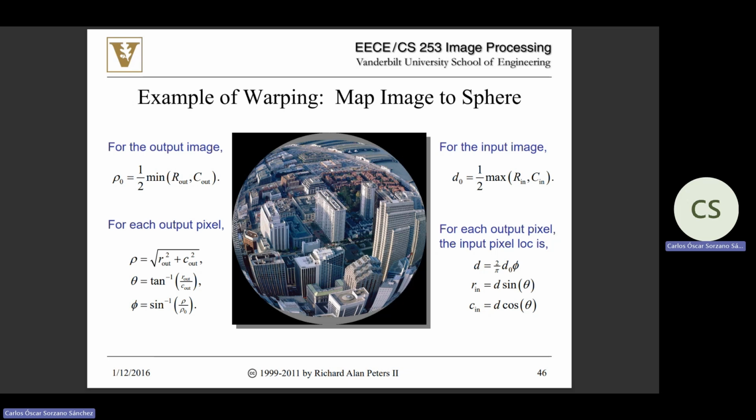Now you have phi and theta. You modify phi and transform it into d using d0. Then this d and theta give you the polar coordinate in the input image, and you simply transform to the Cartesian coordinate.